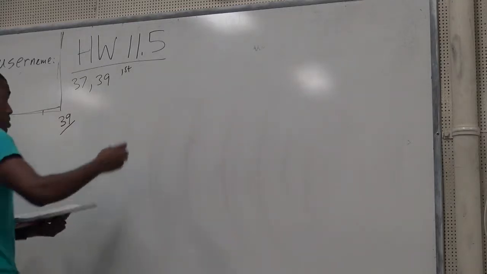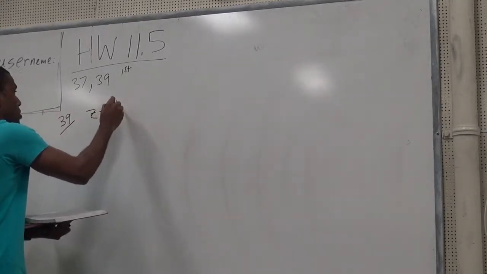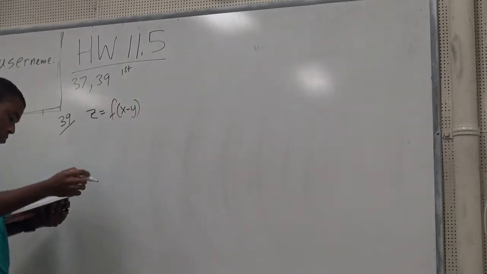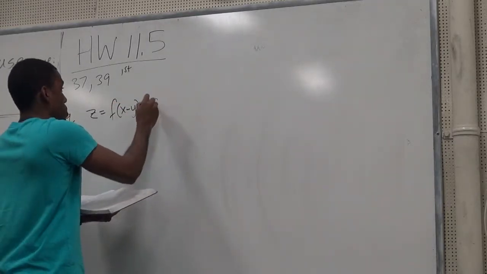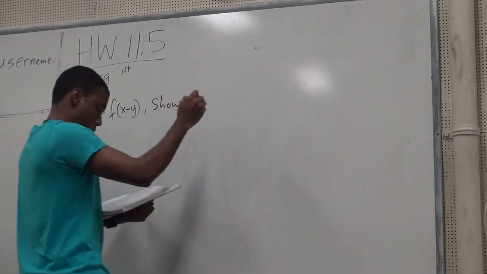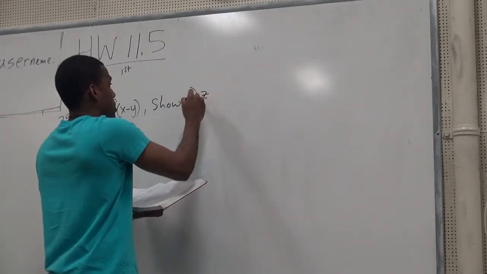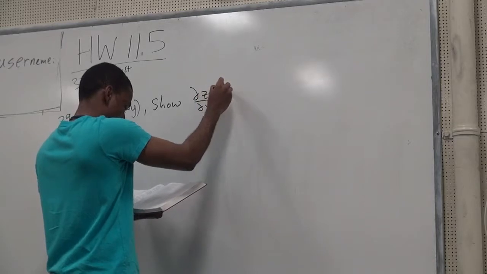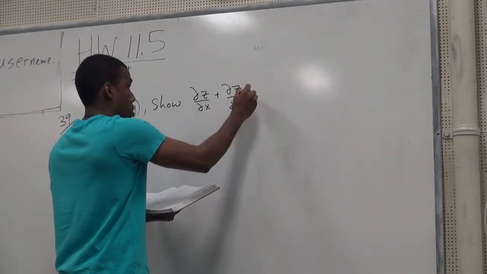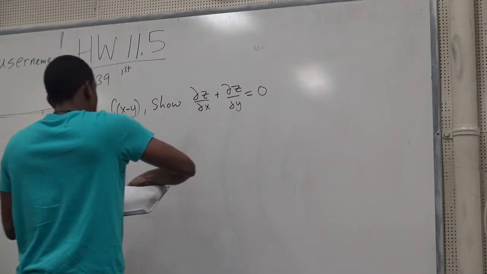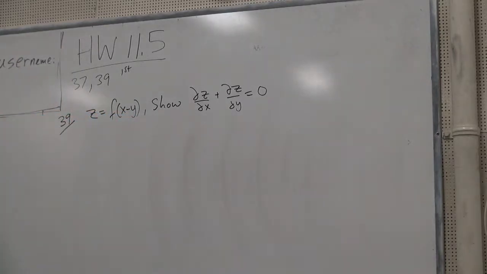So this says z equals f of x minus y. Show... okay, how do we do it?